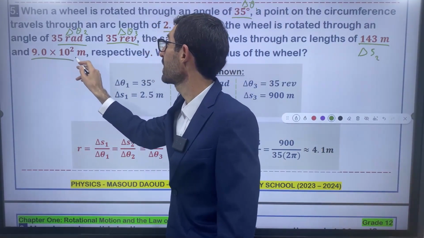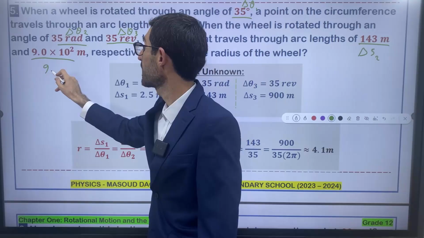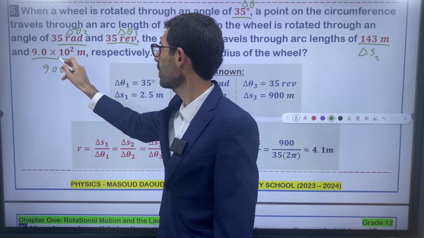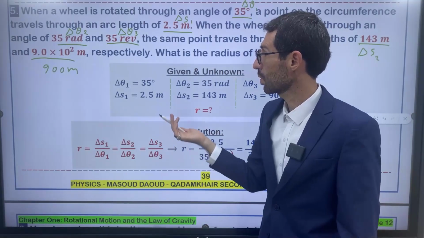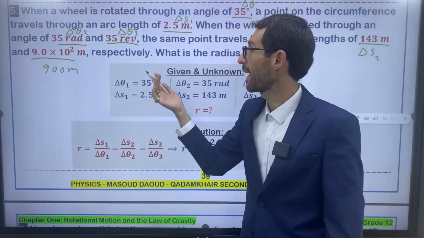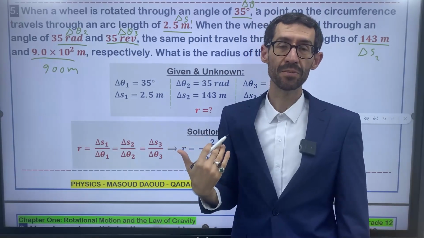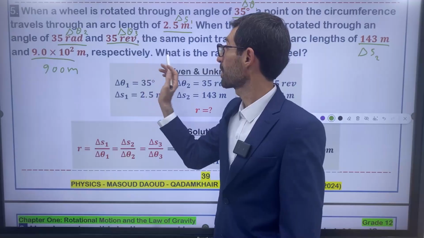What do you say about the third number, 9 times 10 to the power 2 meters, which is equal to 900 meters? We can say 900 meters, or you can use it as it is without any change. So they are the same, equivalent.